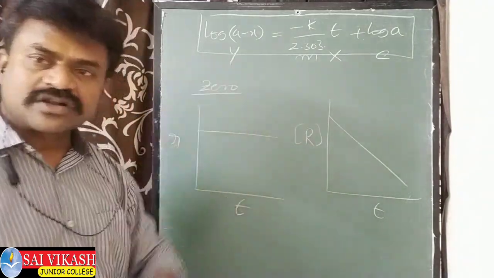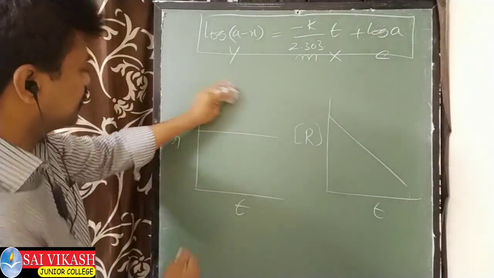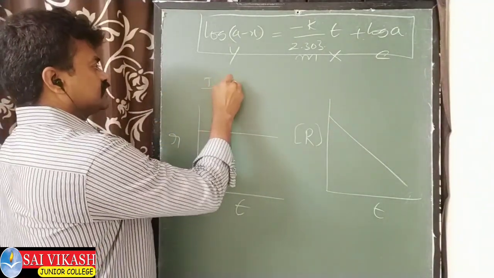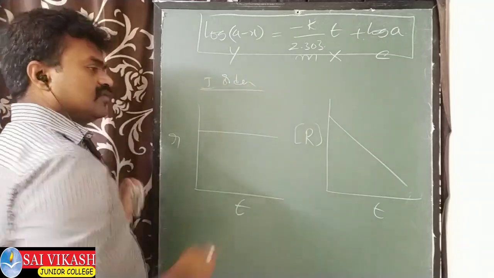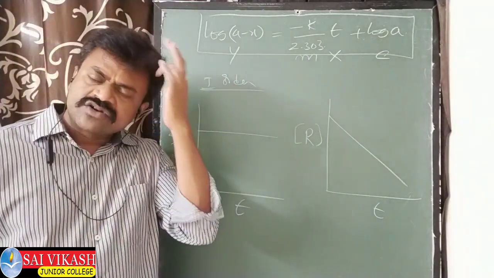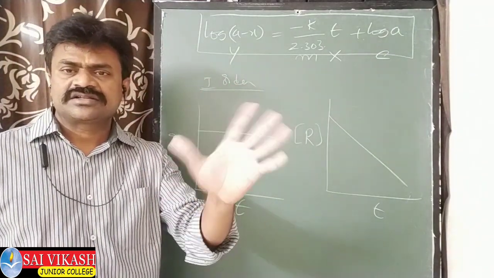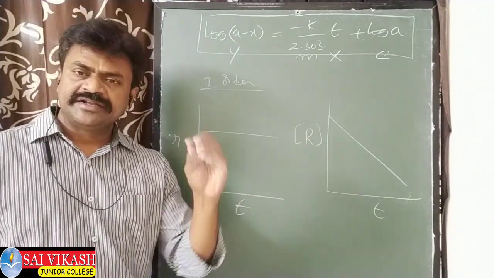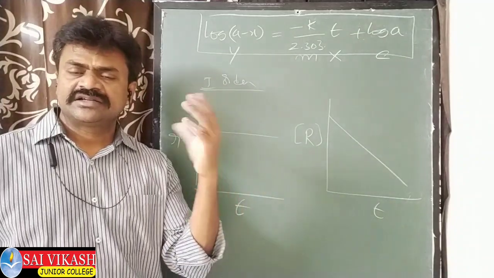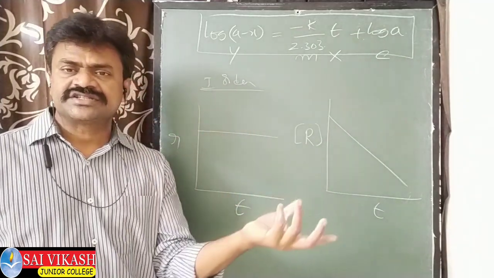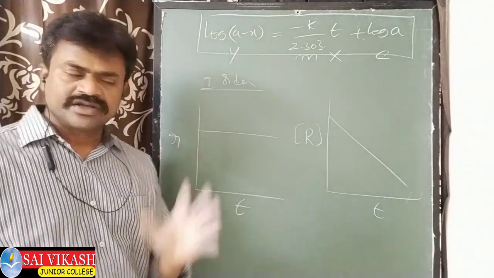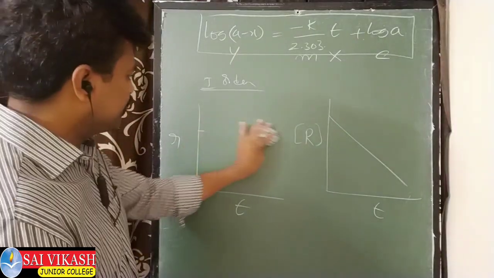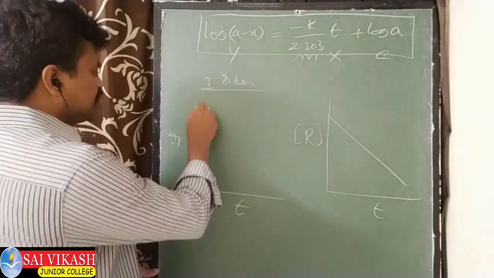And for the first order, what happens here? Suppose the same thing for first order. First order rates are not the same. It will not go at constant speed. It depends on the type of the reactant and how much concentration is taken. So here, what happened to the rate initially?